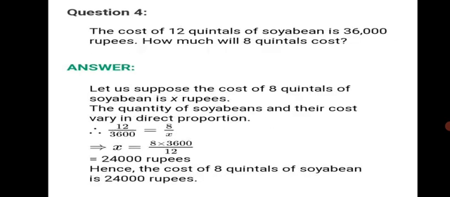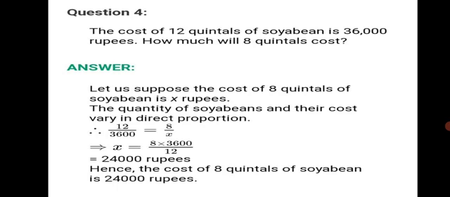Fourth question. The cost of 12 quintals of soybean is 36,000 rupees. How much will 8 quintals cost? Now let's have a look at the answer. Let us suppose the cost of 8 quintals of soybean is x rupees. We don't know how much 8 quintals will cost, so we take it to be x rupees.